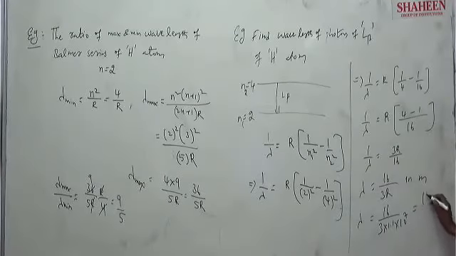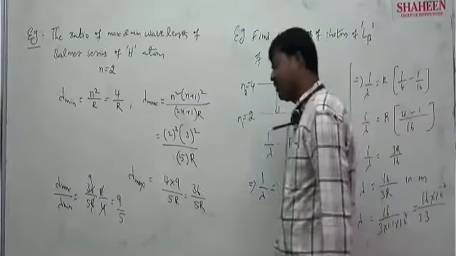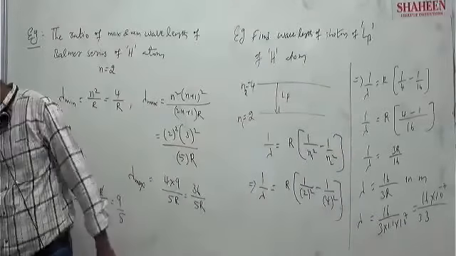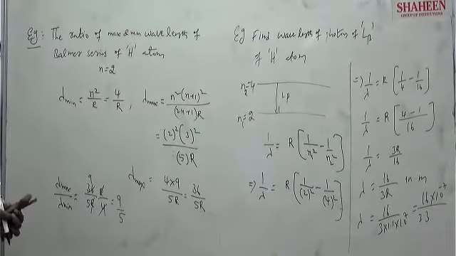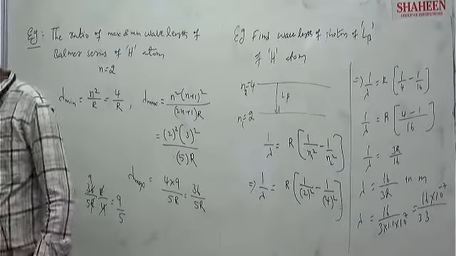So this becomes 16 into 10 to the power of minus 7 by 3.3. Right? So 16 by 3.3, how much value? 5 point something will come. Tell me 16 by 3.3. 4.848.